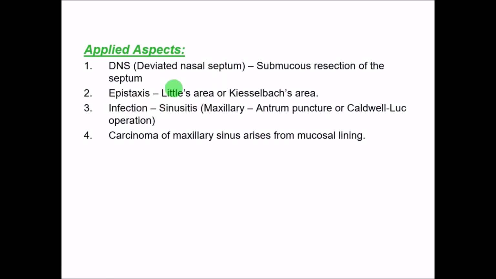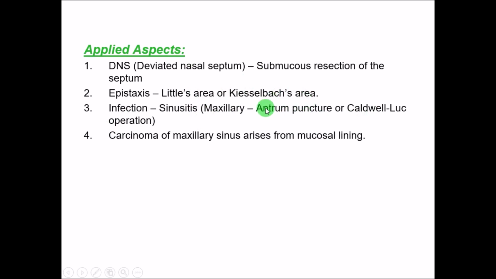As we said, if there is a deviated nasal septum, or sometimes the sinuses directly get infected. The most common is infection of the maxillary sinus, or secondly the frontal air sinus. If it becomes chronic and is very difficult to treat with antibiotics, then they go for surgery.